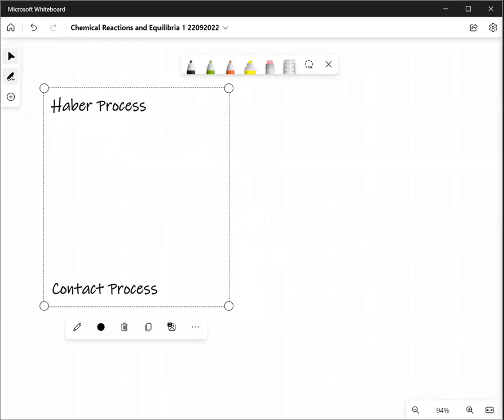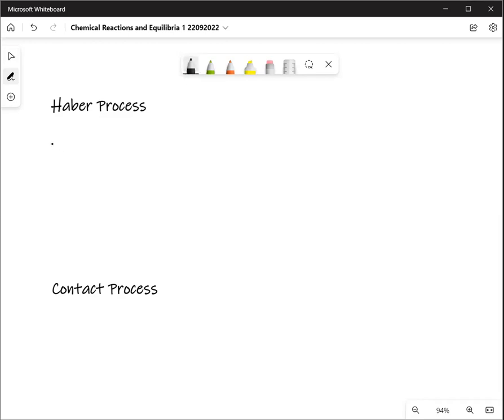Okay, so write the equation. The equation for the Haber process is N2 plus 3H2 gives us 2NH3.